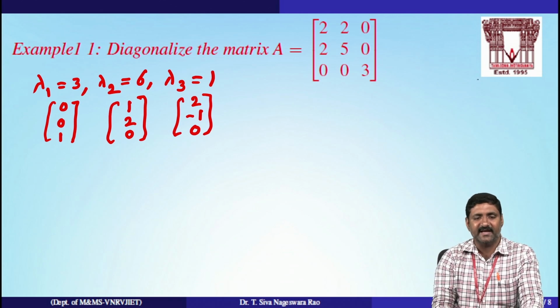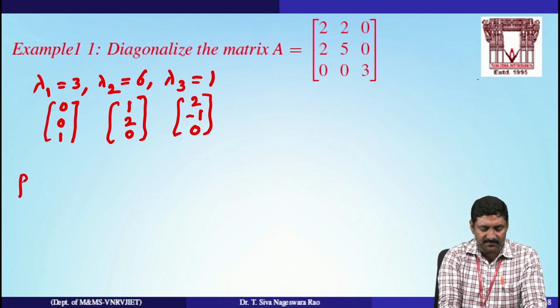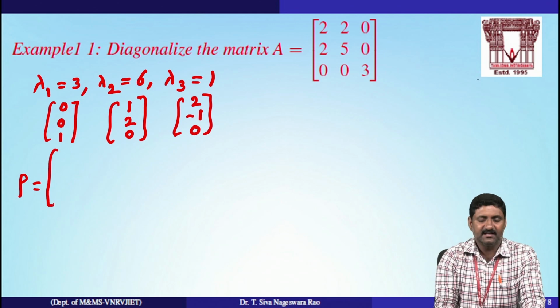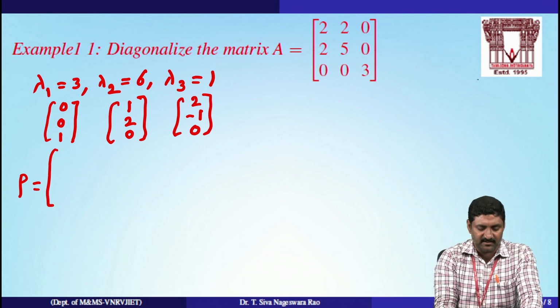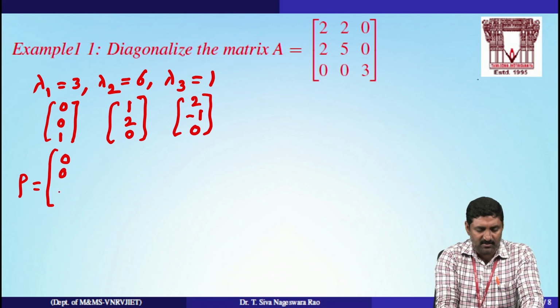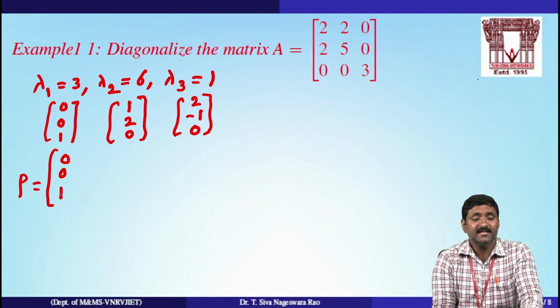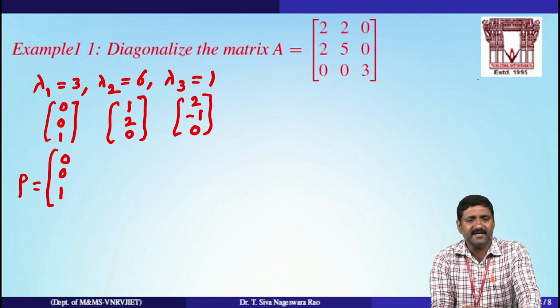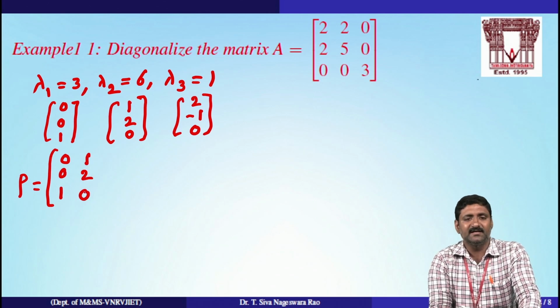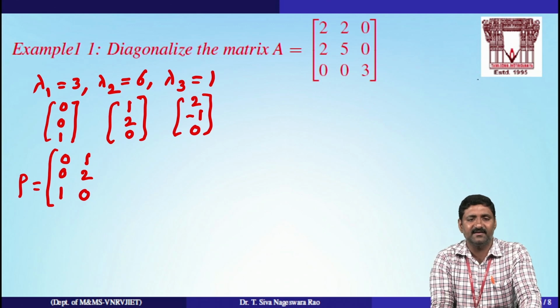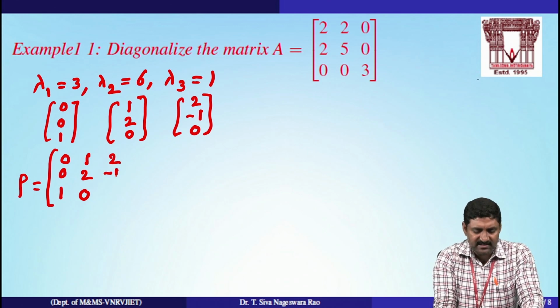Now I am going to write capital P. Capital P is the first eigenvector corresponding to the first eigenvalue, 0, 0, 1. Next, the second eigenvector corresponding to the second eigenvalue, 1, 2, 0. And the third eigenvector corresponding to the third eigenvalue, 2, minus 1, 0.